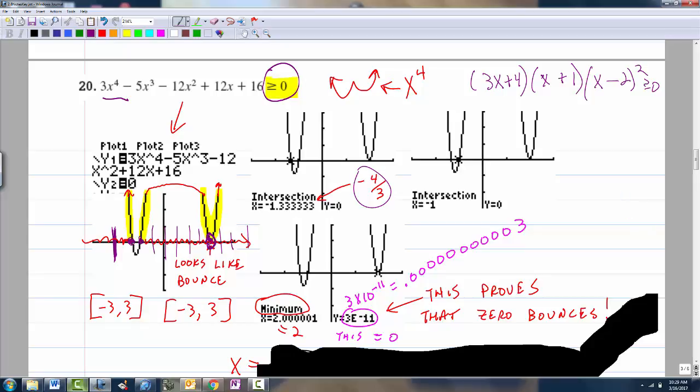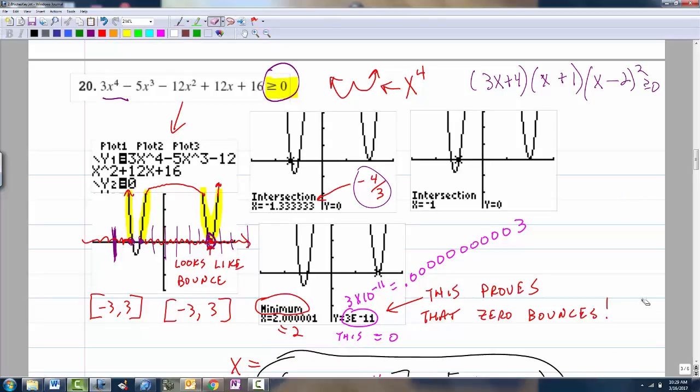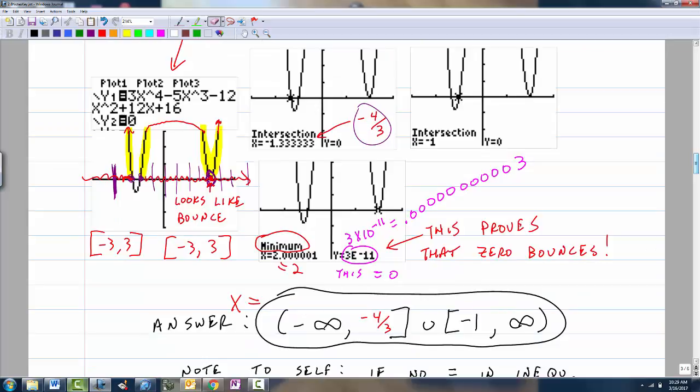So I think we all should understand that the answers for the x values that are plugged in are negative infinity to negative 4/3, not these, then negative 1 all the way to 2, including 2, and then past 2. But that's what this says. This includes 2 in the answers, and it includes everything before and after it. So I don't have to designate anything special about that 2 being a 0.